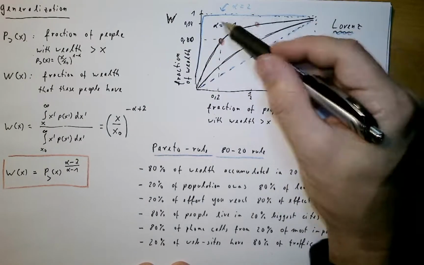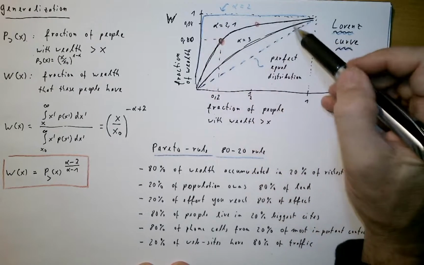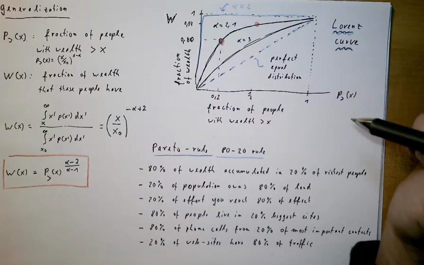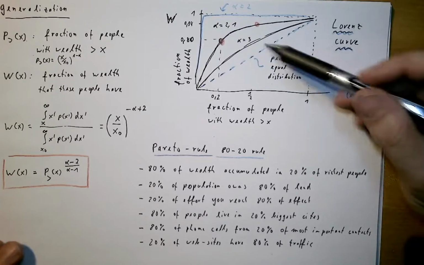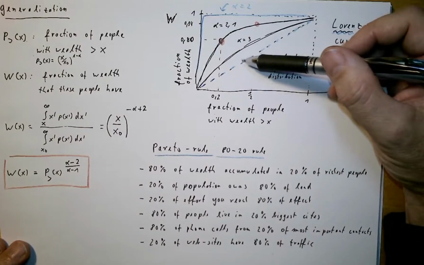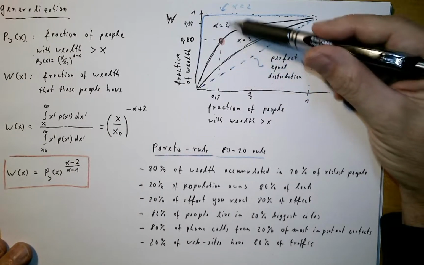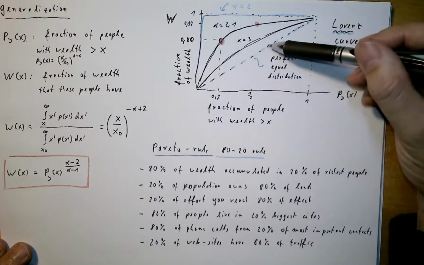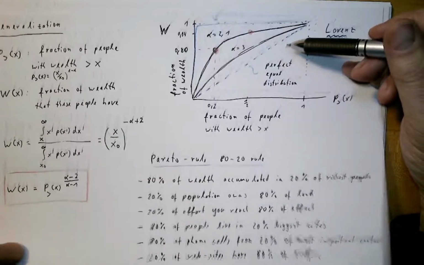But if we had a perfect power law, then already for alpha equal 2, the Lorenz curve would be like this. Okay, and now we can try to quantify how far the Lorenz curve deviates from the diagonal, so that we have a measure of inequality. So how can we obtain this?